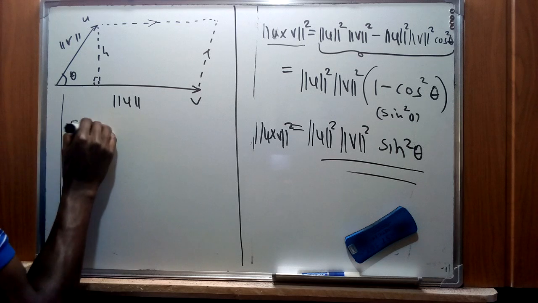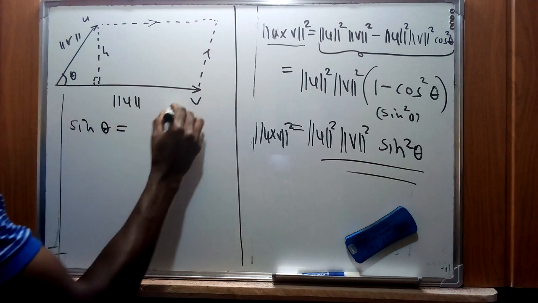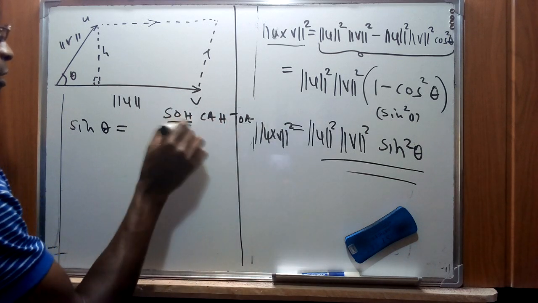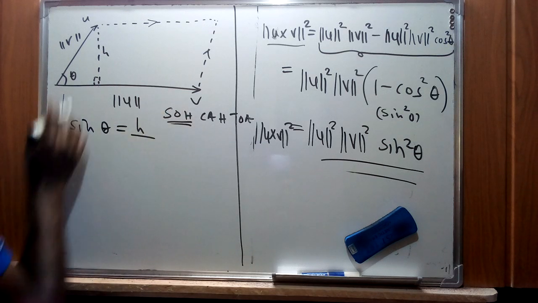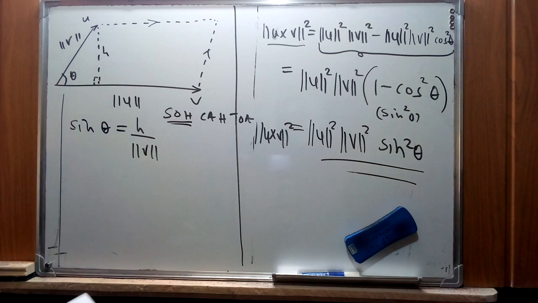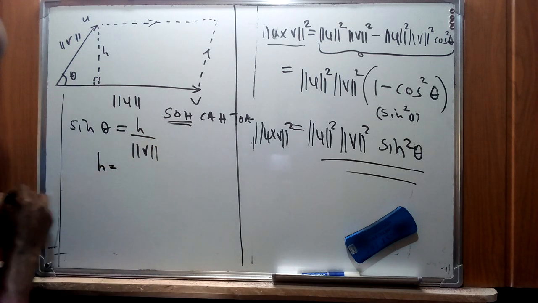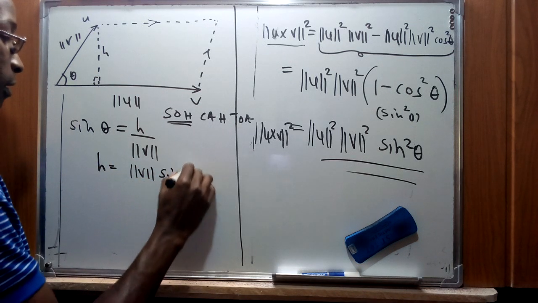Now in this case, for our reminder, we can say the sine of theta, from the three identities that we talked about, is represented as opposite h over the hypotenuse, which gives us the norm of v. Therefore, h can be represented as the norm of v, the sine of theta.